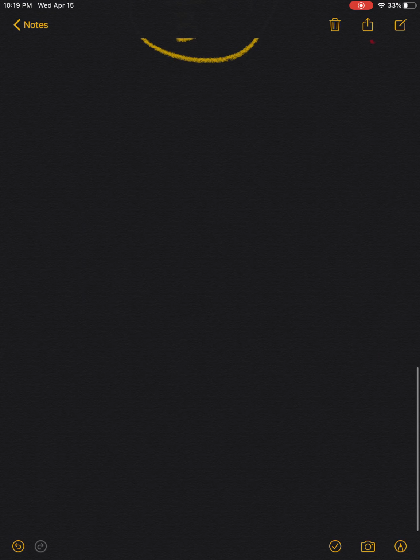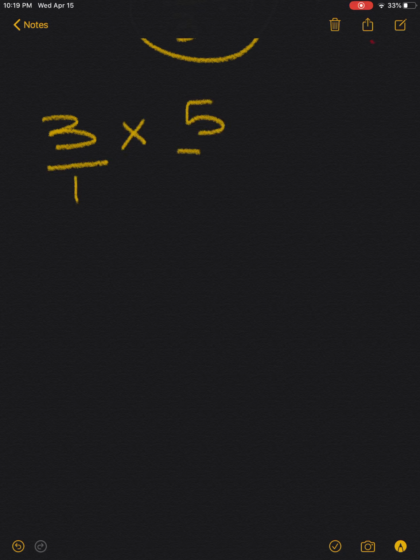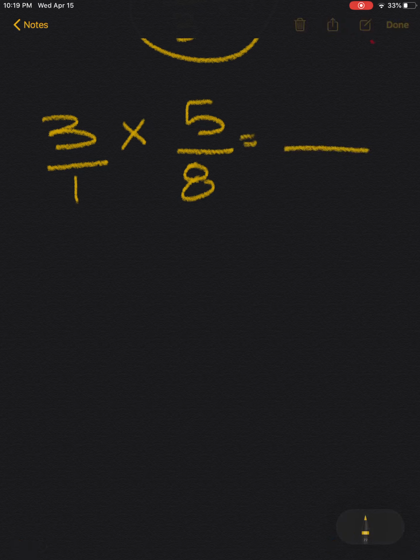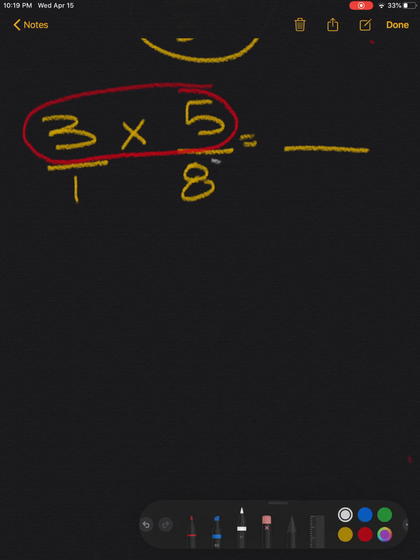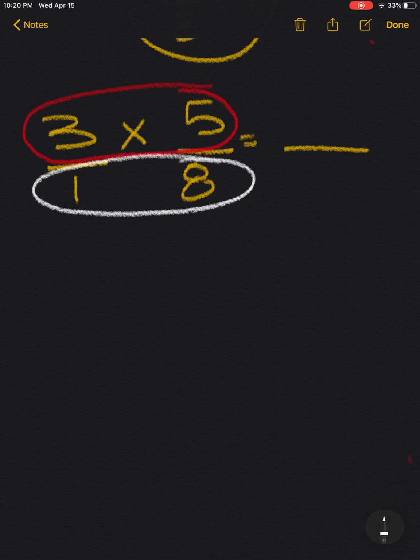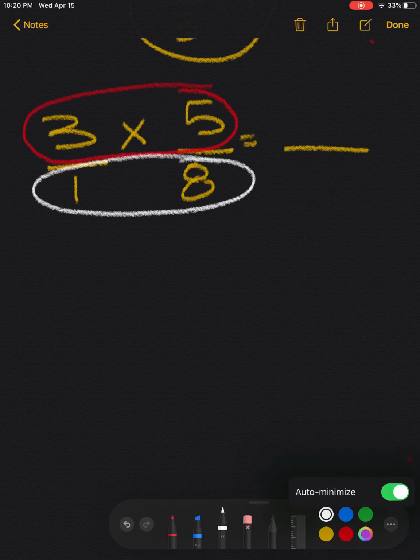All right, now let's try another one. 3 times 5/8. Now we multiply the numerators. Then we multiply the denominators.